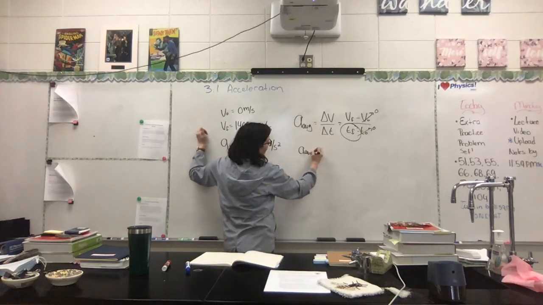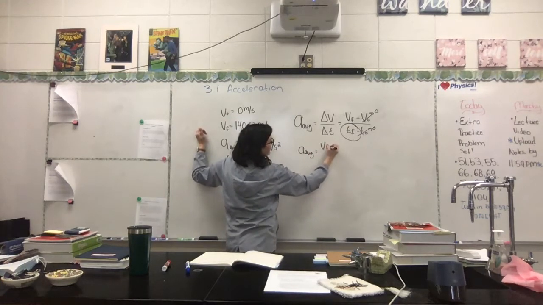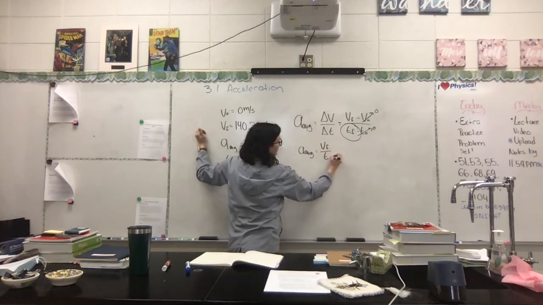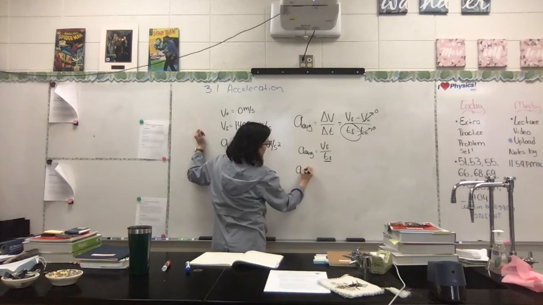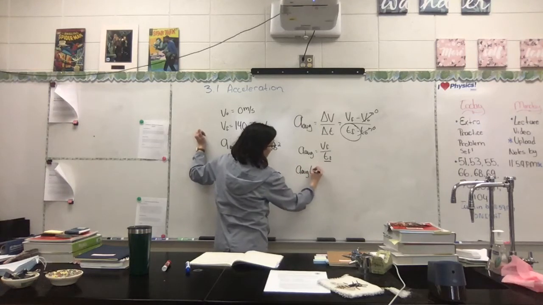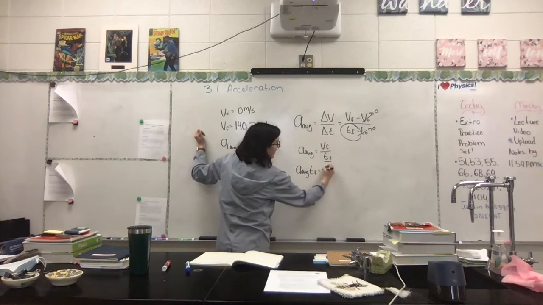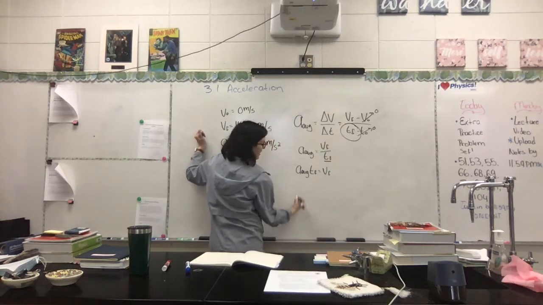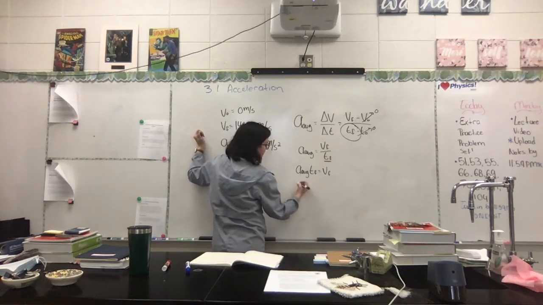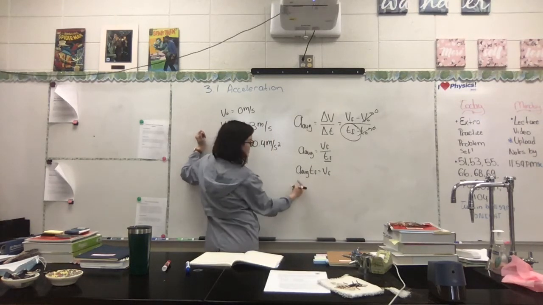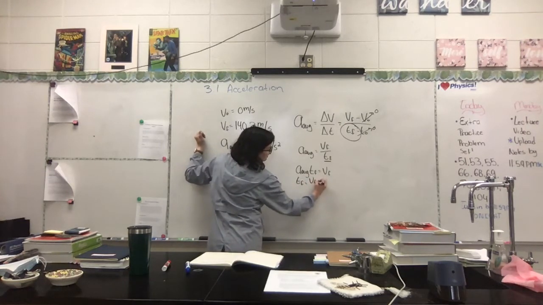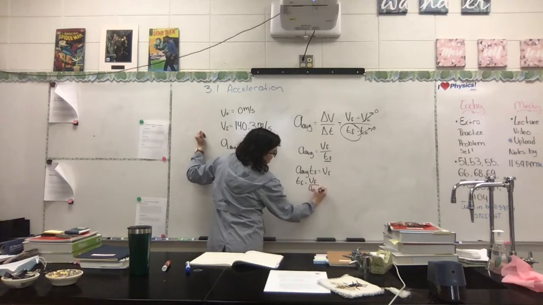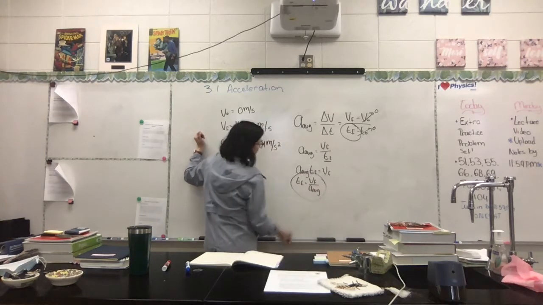So we're going to have our average acceleration is equal to our final velocity over that final time. And remember, we're looking for that final time. So we're going to have our average acceleration times that final time is equal to our final velocity. And then finally, we'll divide both sides by that average acceleration to give us that our final time is equal to our final velocity divided by our average acceleration.